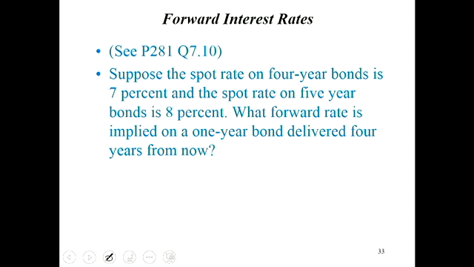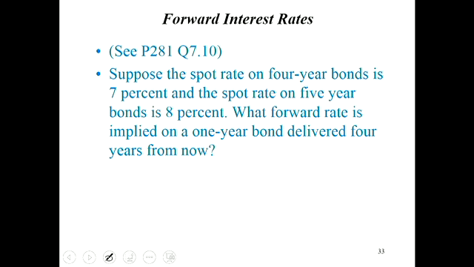So here's a bit of a longer-term one. This one goes for 5 years. But again, it's relatively straightforward to do. If you don't see what to do, again, you can draw up a timeline.